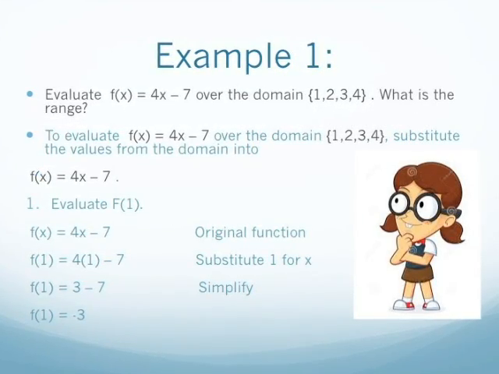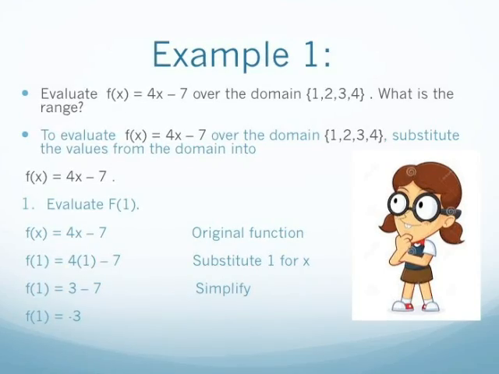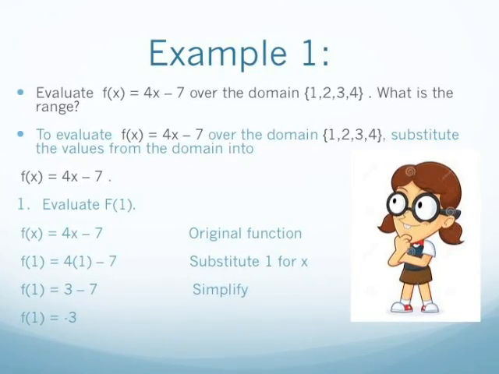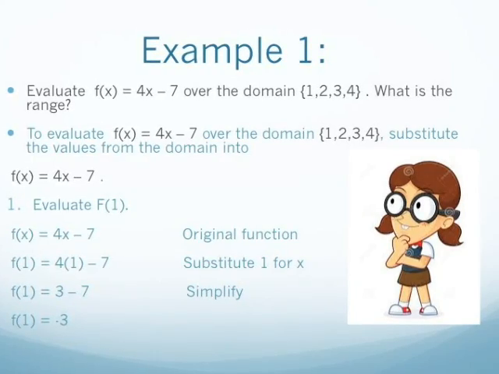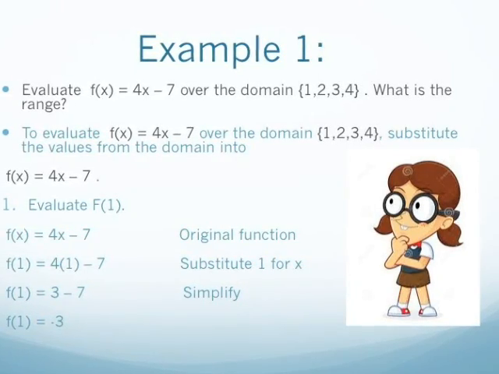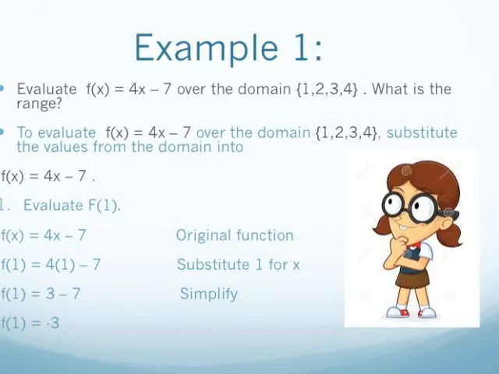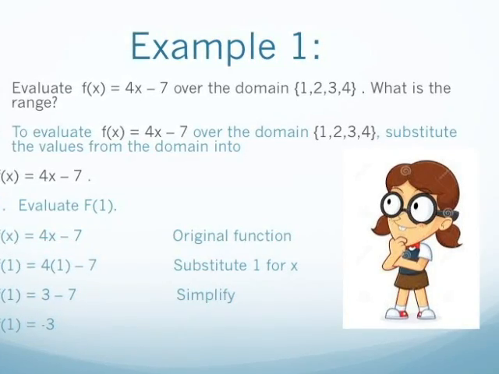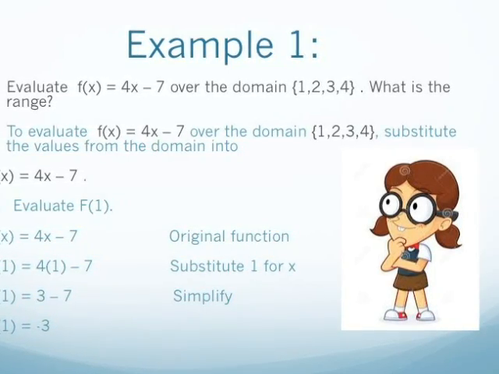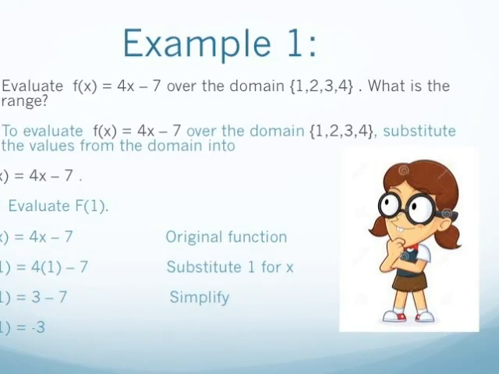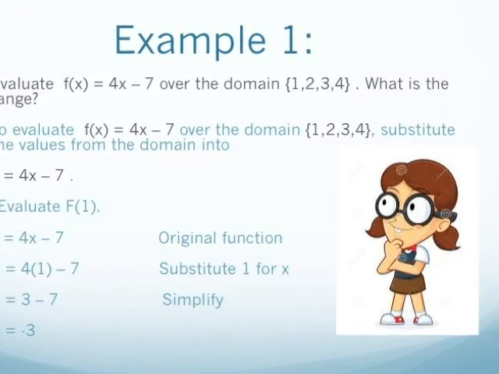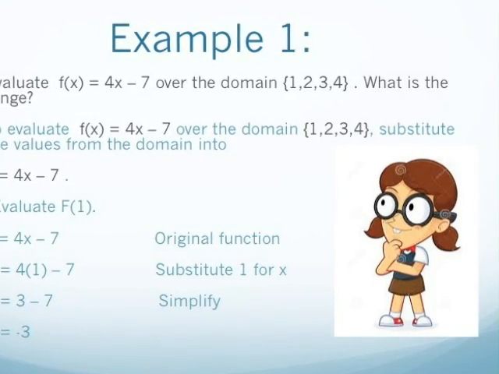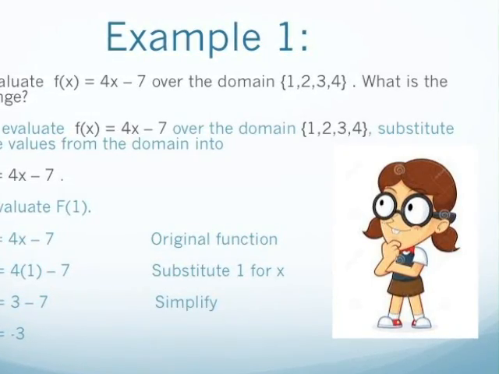So, to evaluate f of x equals 4x minus 7 over the domain 1, 2, 3, and 4 to find the range, we will substitute the values from the domain into the function f of x equals 4x minus 7.